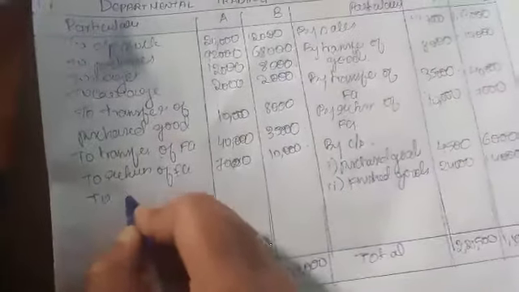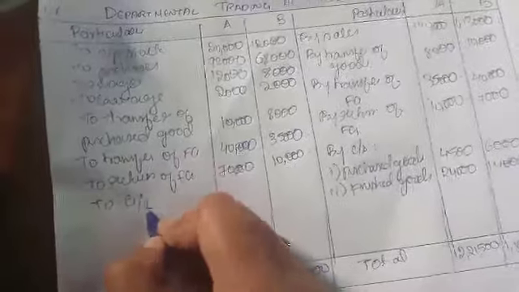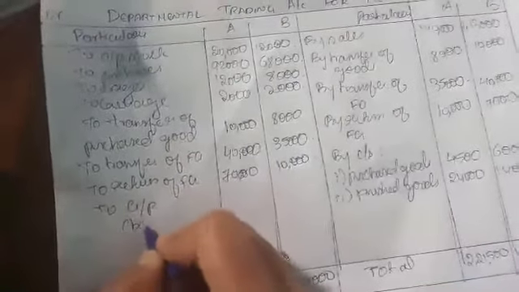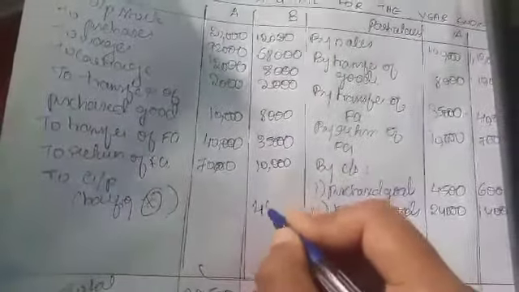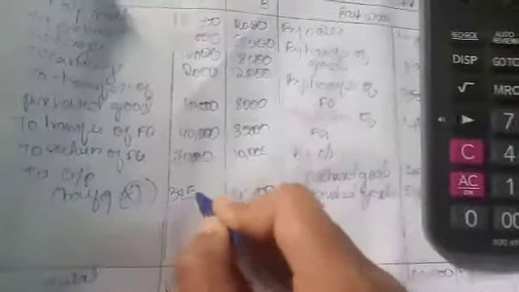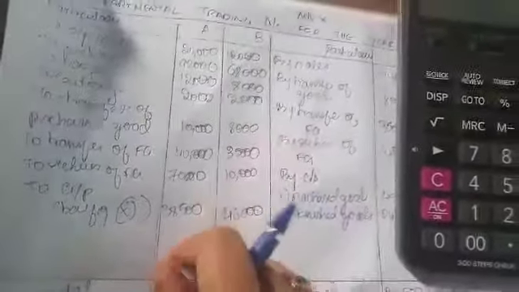To gross profit, balancing figure. So the balance for B is 46,000, and for A it is 38,500. So now we've got the gross profit of each department.